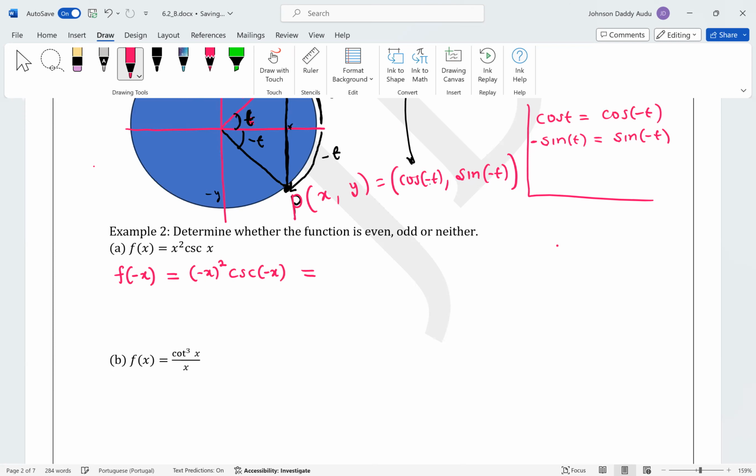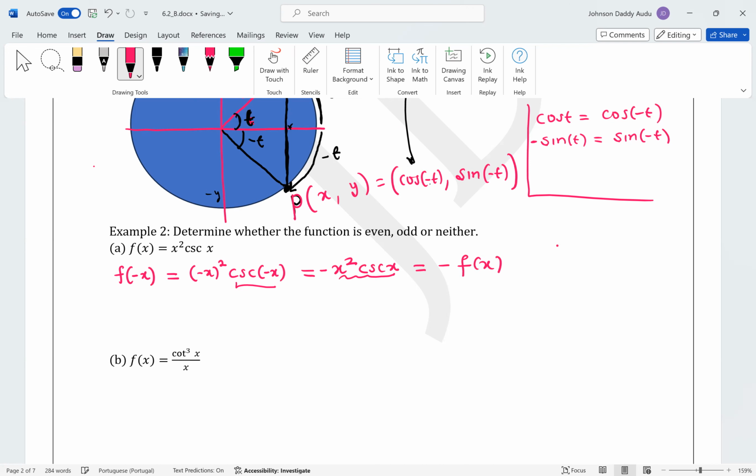Minus x squared will just become x squared. But we know that cosec is odd, so minus will come outside. So you have minus cosec of x. And this is simply minus f of x, since the whole of this is your f of x.